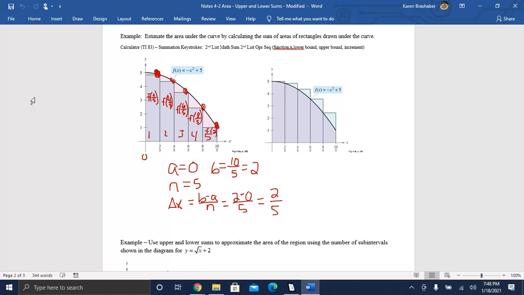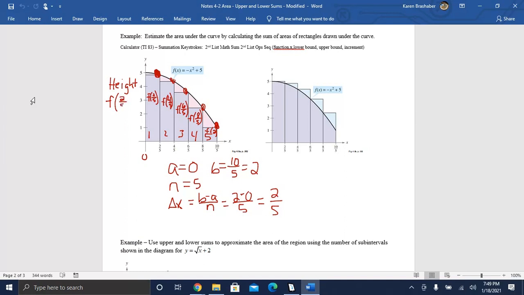All right. So if I wanted to make that a more general statement rather than having each individual height, I could think about how to describe that height using my function notation. So this is where we're going to start thinking about a summation formula. And I'm going to use an I as a counter. So the height of each one of these rectangles would be f of, now obviously the 2/5 is involved.